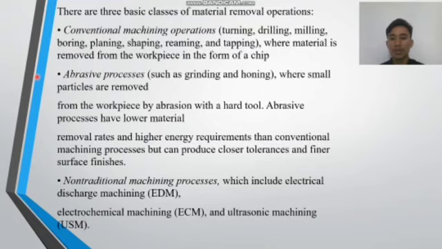Abrasive processes have lower material removal rates and higher energy requirements than conventional machining processes, but can produce close tolerance and finer surface finishes. Non-traditional machining processes, which include electrical discharge machining (EDM), electrochemical machining (ECM), and ultrasonic machining (USM).